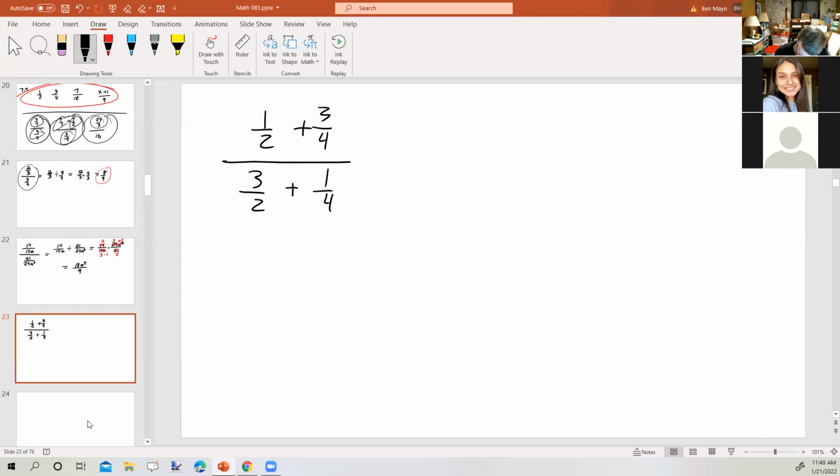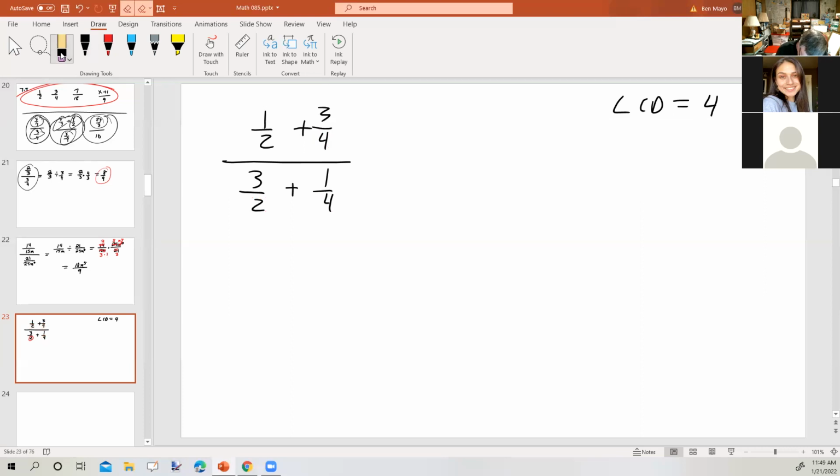And what we're going to do is this. First of all, we're going to find the least common denominator of all the little denominators. So the least common denominator of 2, 4, 2, and 4 is 4. Any questions about that?